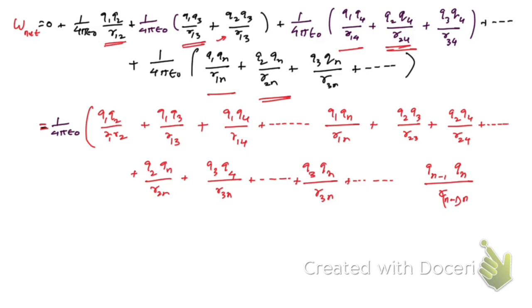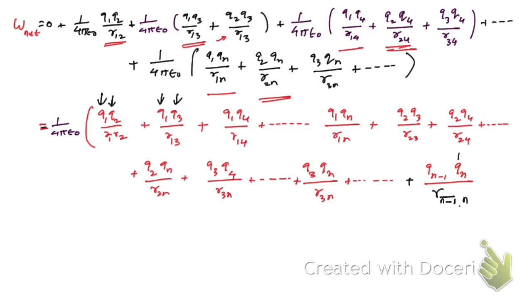Let me write this properly, r_{n-1} and n, right. Here you see how we have got this. When you start with q1, the other source starts with q2, similarly q1 q3.